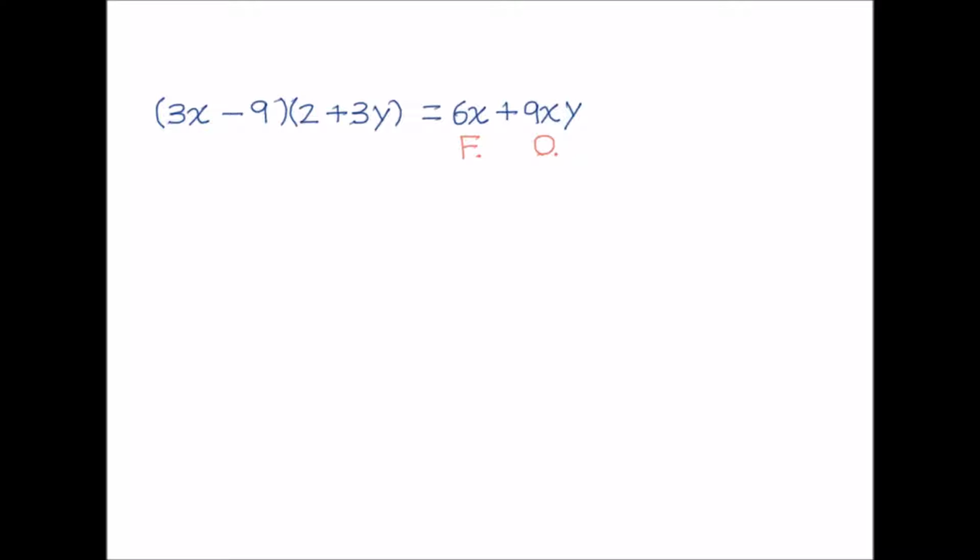And that is our O. And then we multiply the innermost terms of our whole expression, negative 9 and 2, and we get negative 18 for our I. And then lastly, we multiply our last terms of each binomial, negative 9 and 3y, and we get negative 27y for our L. And here you can recognize that none of the terms are like terms, so we can leave the answer as is.